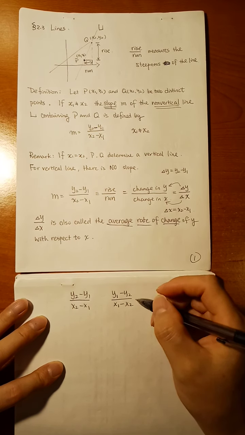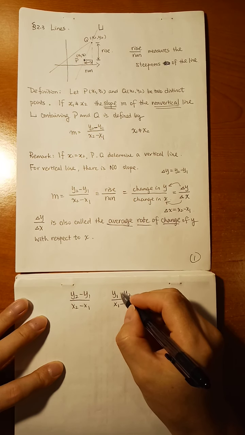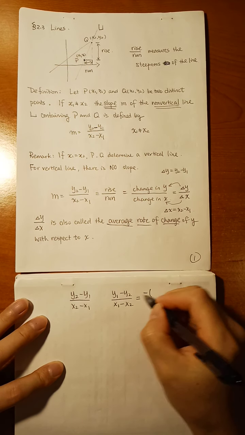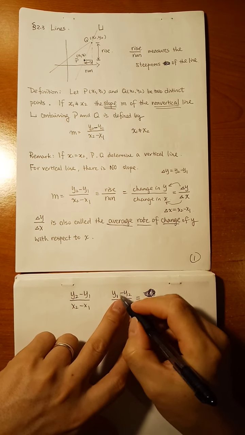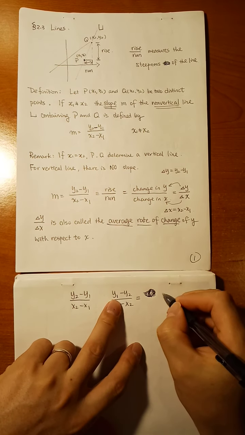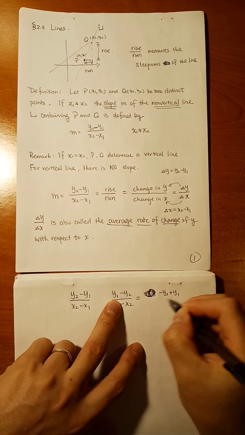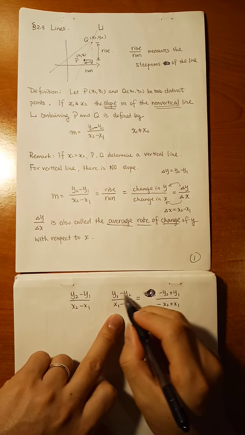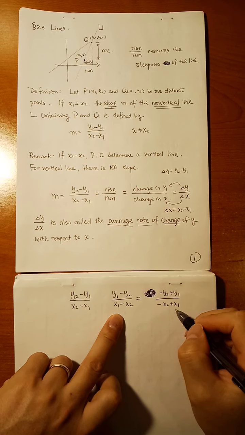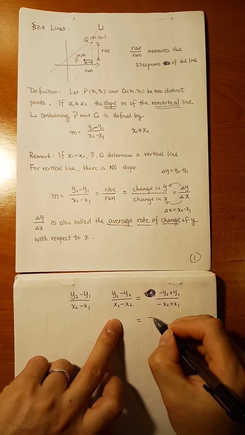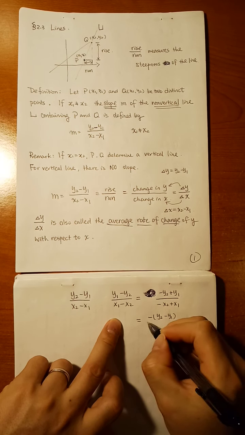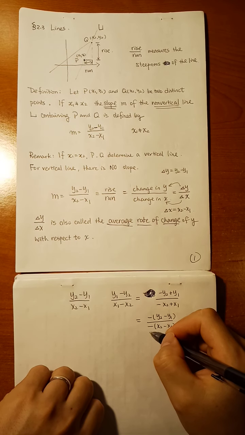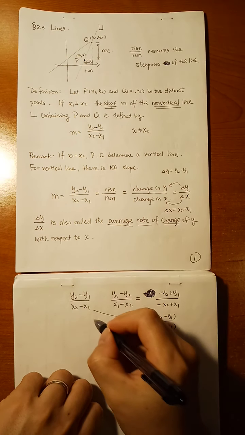Why? If we switch the order, I get a negative y2 plus y1 over negative x2 plus x1. Then I factor out the negative sign, and I can cancel them. So that gives you the connection.